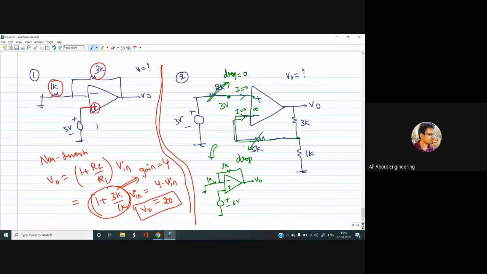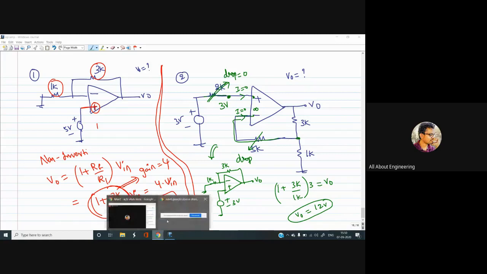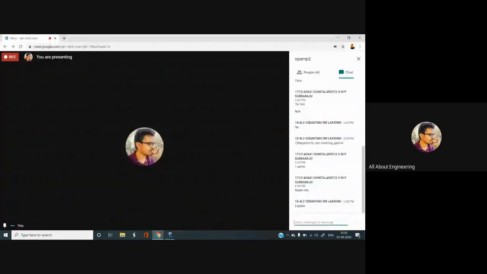For the negative terminal I connected this feedback part, and for the positive terminal I have connected this 3 volt source. Now it's a simple amplifier: gain into Vin, that is 3 volts, equals V naught. So your output should be 12 volts. Any doubts? Understood? Clear? Can I move to the next question?